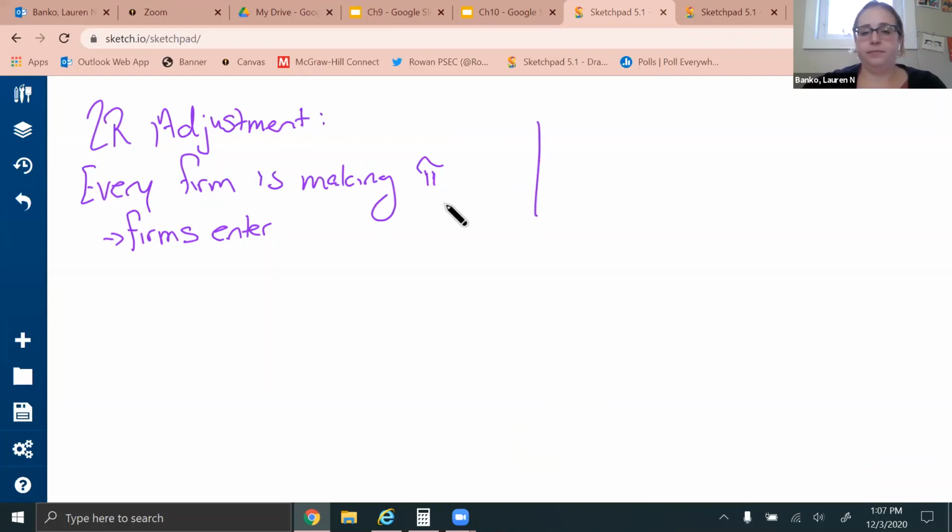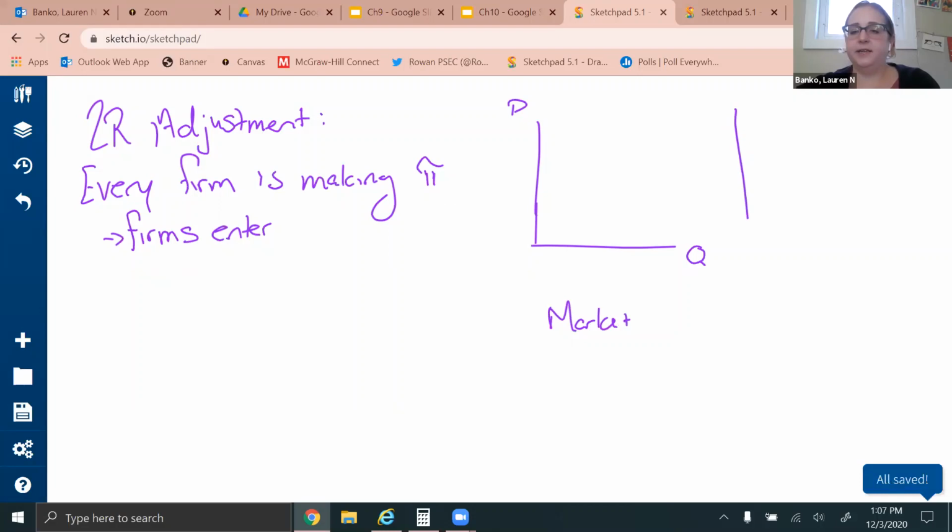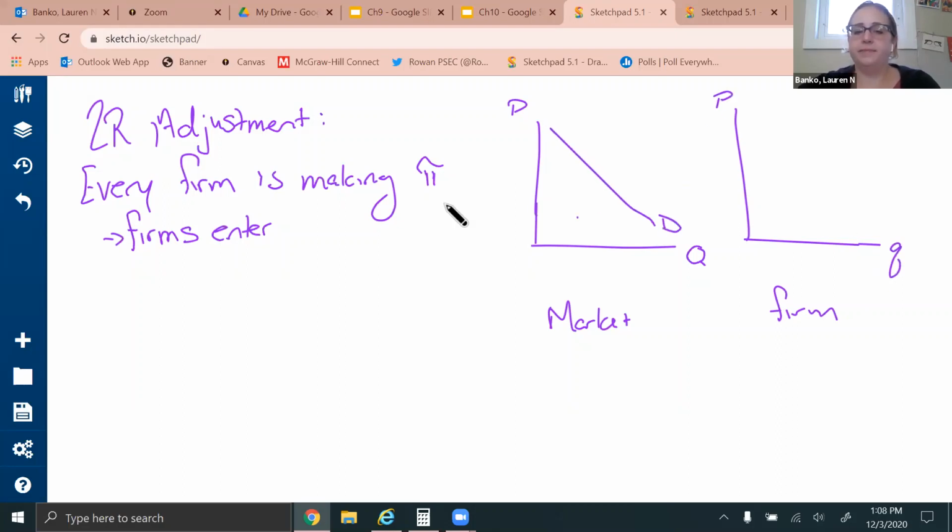Maybe let me draw this out real quick. I'm going to draw two pictures. The first is going to be the market, and the second is going to be for every firm. So for the market, we have a supply and demand.